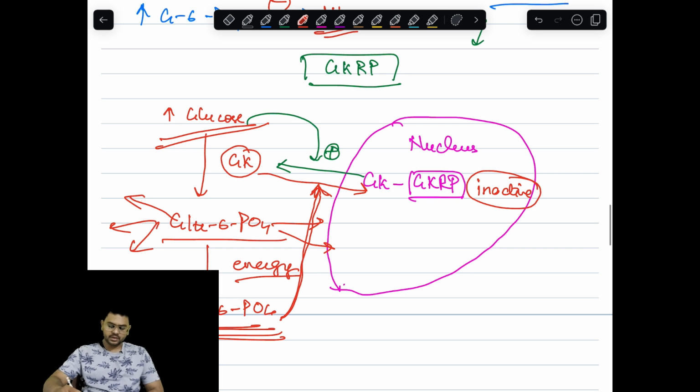Now here we can understand a few things. One is, if you have a normal cell that is not a liver cell, increasing glucose transport need not necessarily commit all the glucose to metabolism. That is one important aspect that you need to understand.